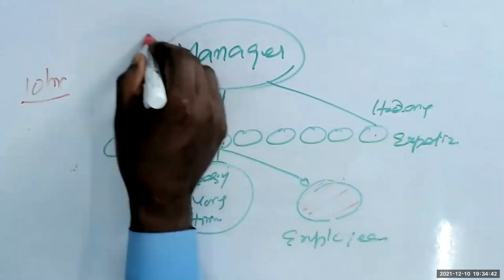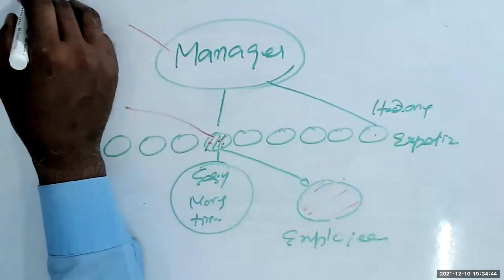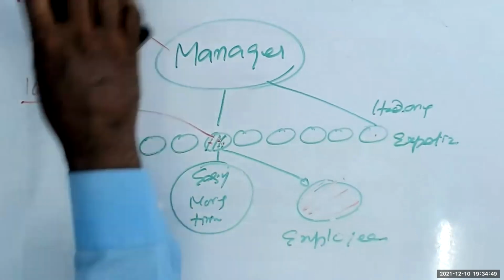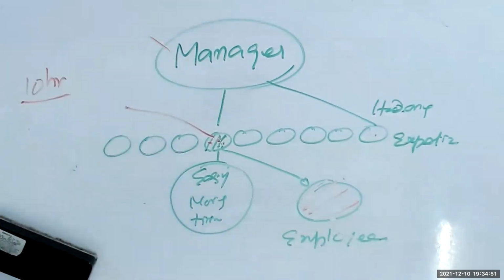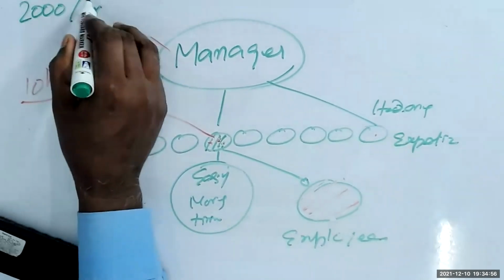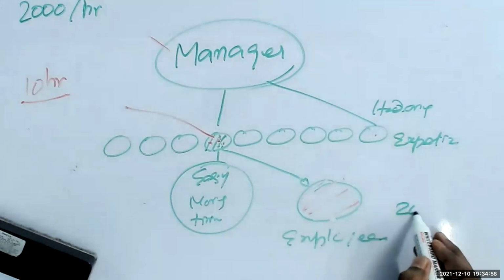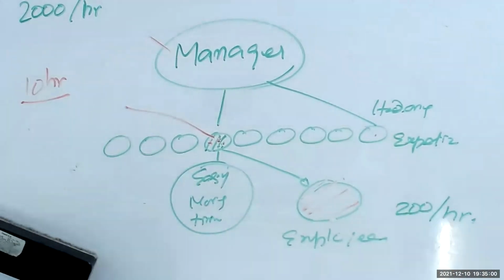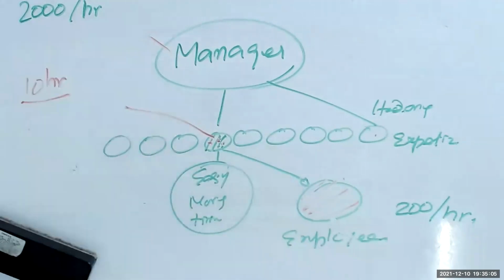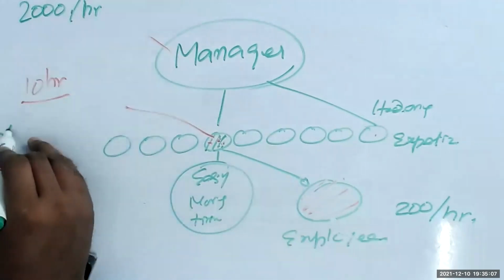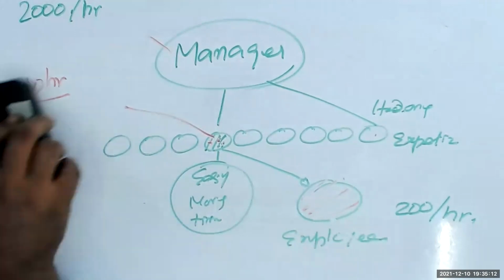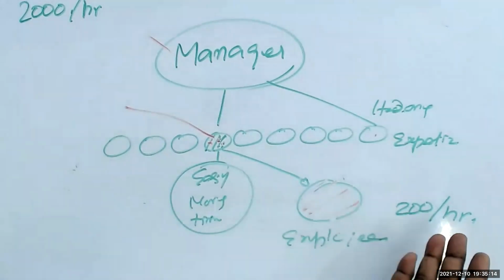My manager cost is, let us assume, 2,000 rupees per hour, and you are paid 200 rupees per hour. That means 10 into 2,000, 20,000 rupees, which you take even for 5 days, doesn't matter.